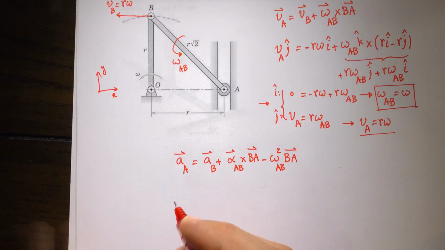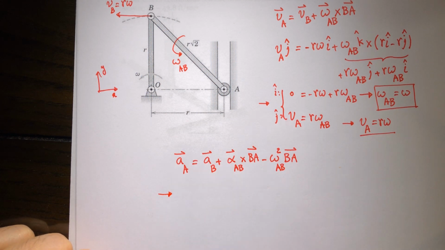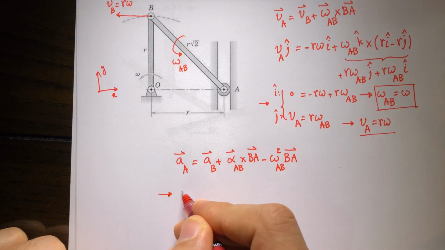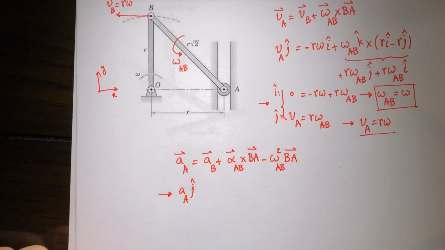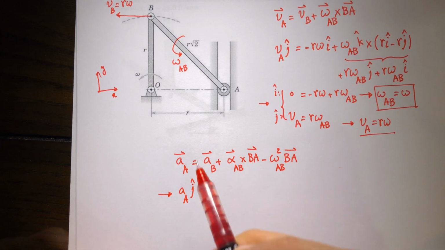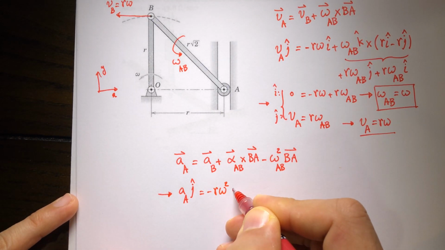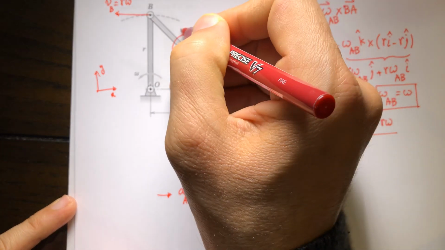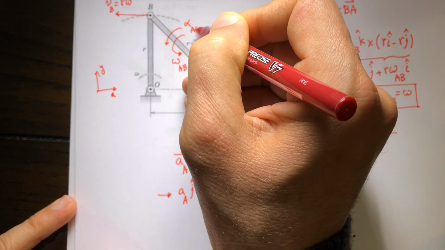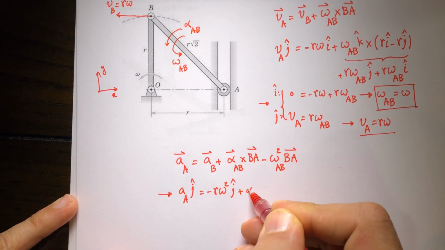Okay, so let's put all the information here. Acceleration of A times j hat is equal to acceleration of B, we talked about it, is going to be negative r omega squared in the j direction. Alpha AB, we know it is in the k direction.